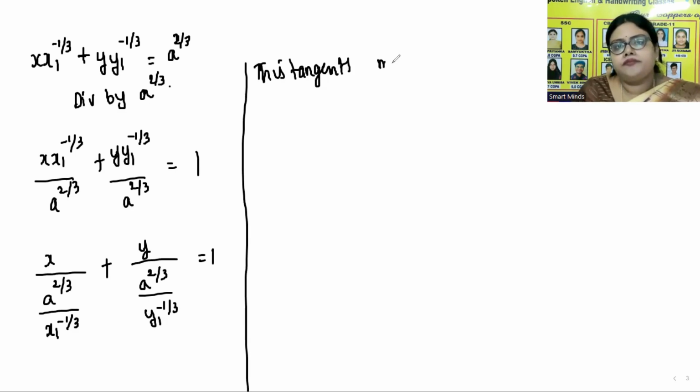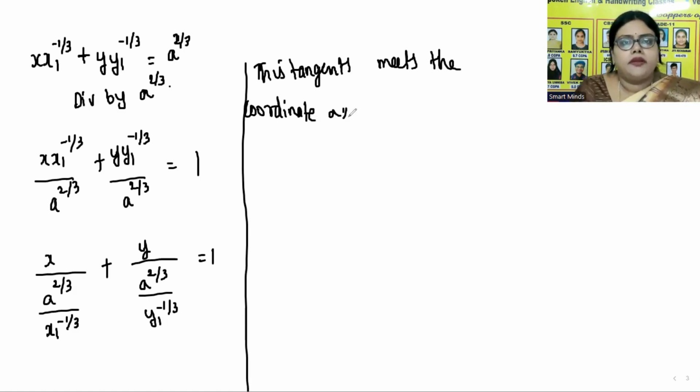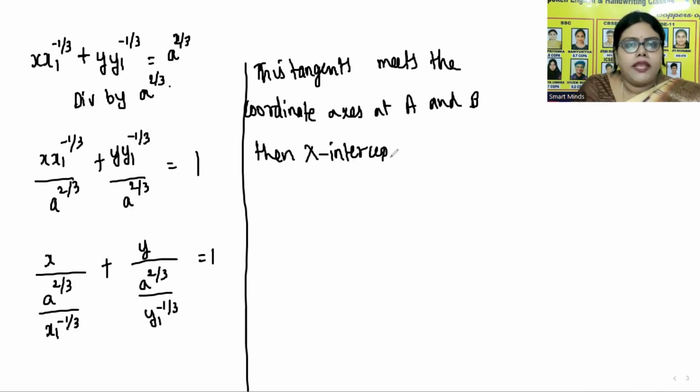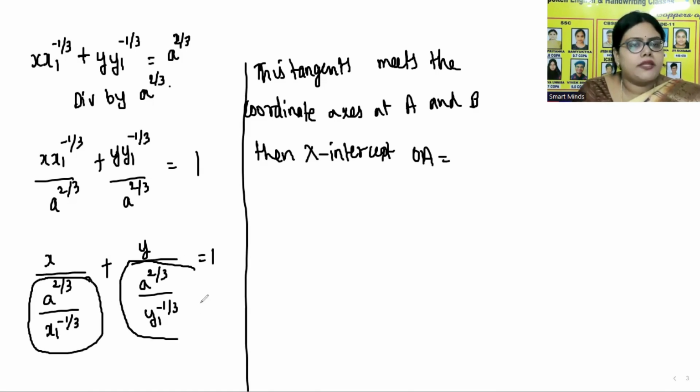Now this tangent meets the coordinate axes at A and B. Then x-intercept OA, this is x-intercept, and this is y-intercept, okay?